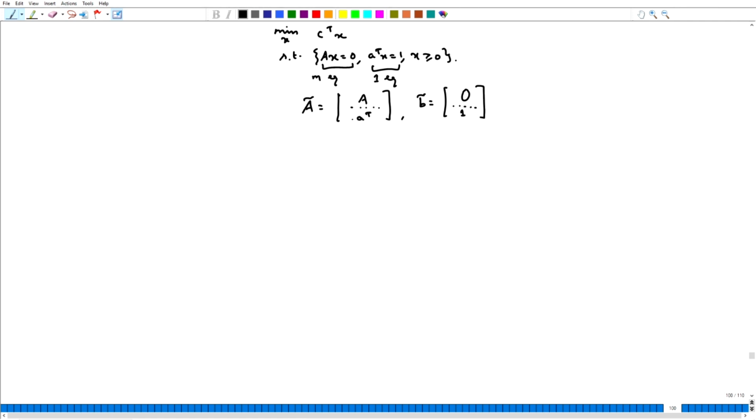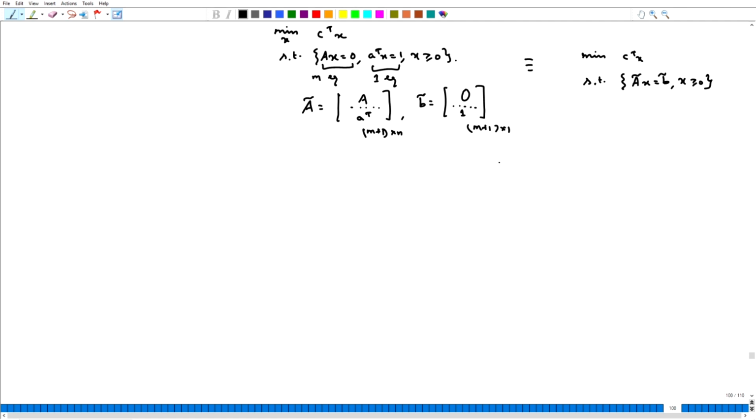So, A tilde is now an m plus 1 cross n matrix, and this is an m plus 1 cross 1 matrix. Now, I can write this as min C transpose x subject to A tilde x equal to b tilde and x greater than or equal to 0. Note that there is no change in x, I have just changed the representation of these m plus 1 constraints in this form.